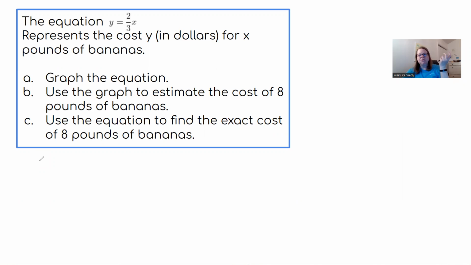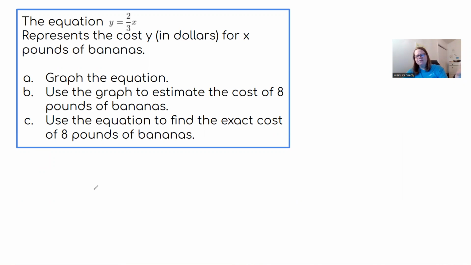Now think about what you're doing here. You have pounds of bananas and you have dollars worth of bananas, right? So think about the graph that you need to use and think about, do I need just one quadrant? Do I need all 4 quadrants? If it's the number of pounds and the amount of money, that means there's not going to be a negative with this.